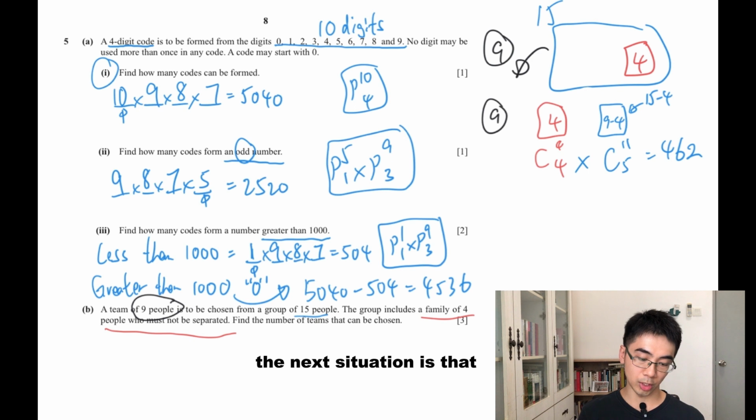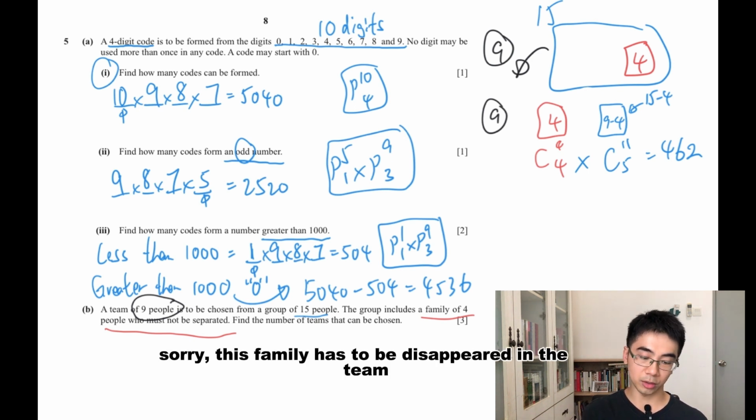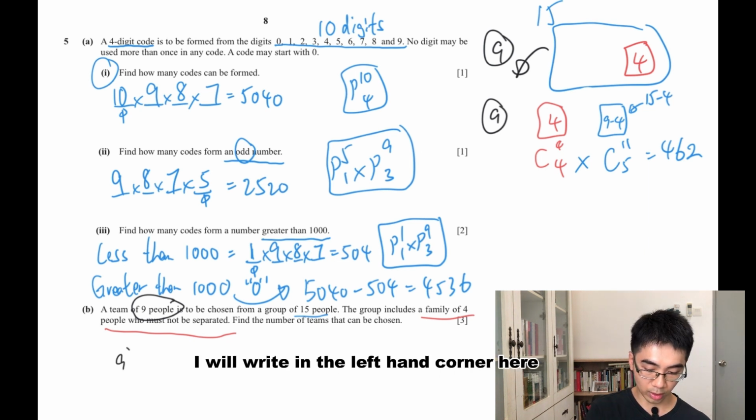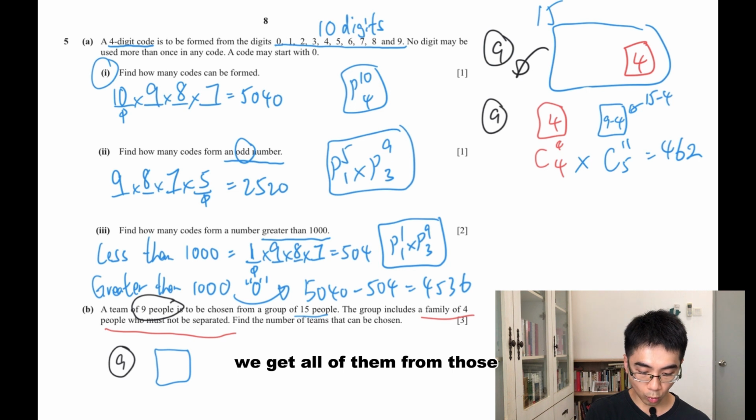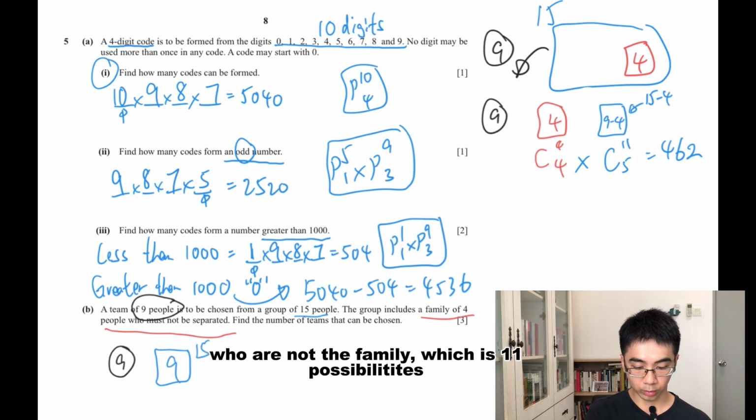The next situation is that the family has to be absent from the team. For those 9 members, we choose all of them from those who are not the family, which is 11 possibilities.